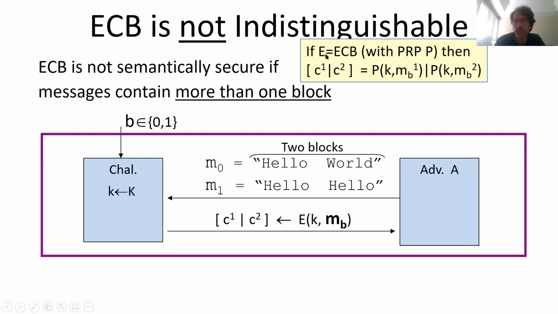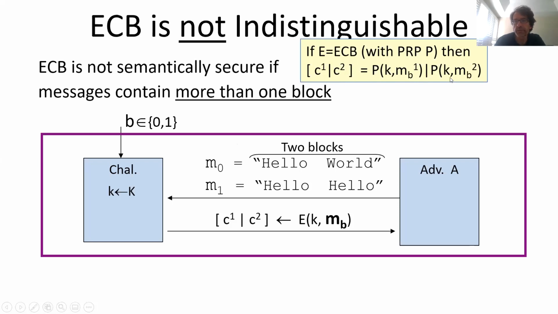So if you use ECB, then this is the encryption, right? It's the block cipher, PRP. C1 is the PRP applied to the first block of message MB, so either M0 or M1.